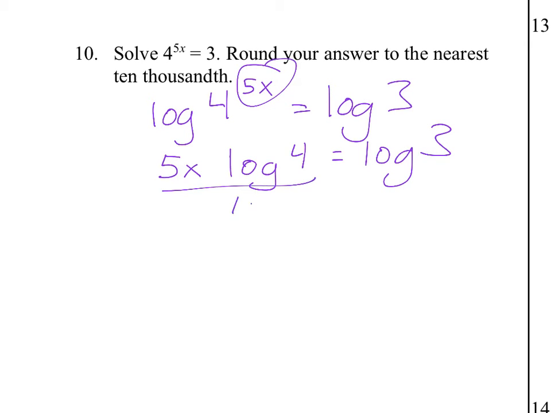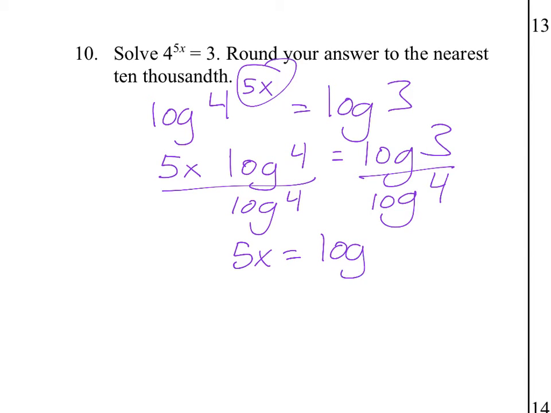Divide both sides by log 4. This is not the log of 3/4. This is log 3 divided by log 4. Very different numbers. So now I have 5x equals log 3 over log 4. But when I divide by 5, I gain a 5 here on the bottom.